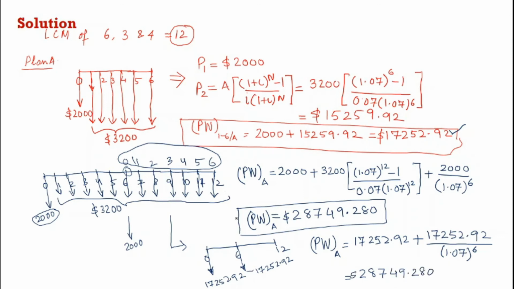So instead of drawing the diagram for the full 12 years, I have drawn it using the repeatability assumption, and you see the present worth in both the cases is coming out to be the same. Fine, so this is the present worth of plan A when we are extending the useful life of this plan up to 12 years. Now let's see for plan B.